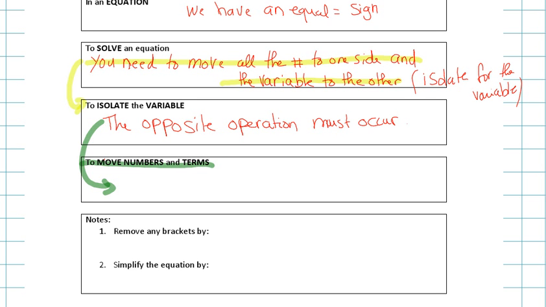Okay? Now to isolate for the variable, you need to move all the numbers to one side and the variables to the other side. And to move the numbers and terms, you have to do the opposite operation. You guys okay with this now?